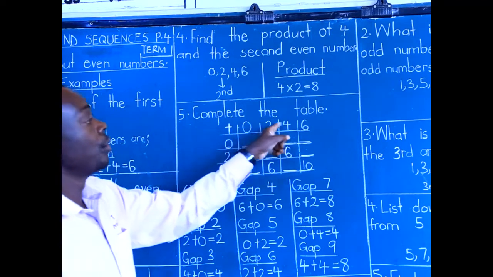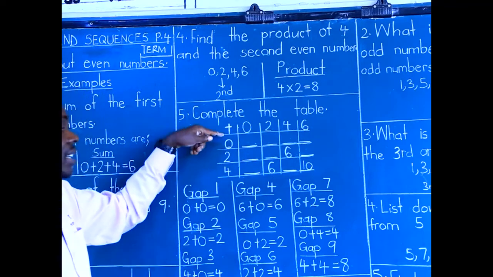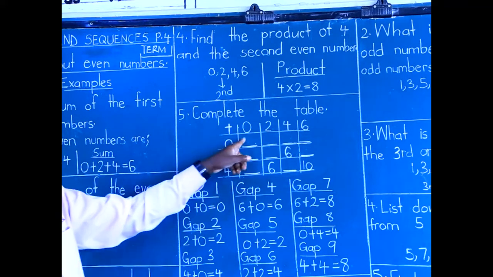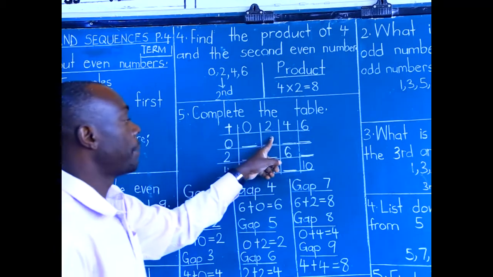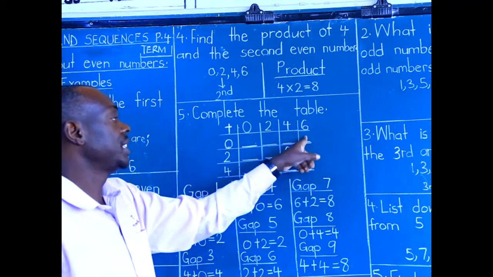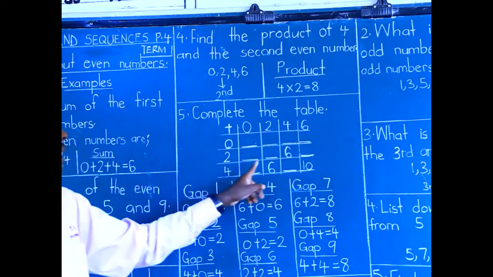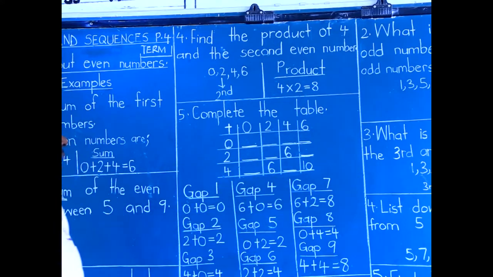That is 0, 2, 4, 6, and here 0, 2, 4 as even numbers to be added. These will be taken as gap number 1, gap number 2, gap number 3, gap number 4, gap 5, gap 6, gap 7, gap 8, and gap 9.